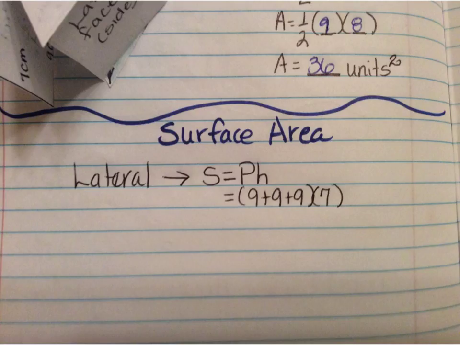So to find the perimeter of the base, that is going to be 9 plus 9 plus 9 times the height, and in this case they're talking about the height, again the distance between the two bases, which is 7. So put that into your calculator and find the answer.